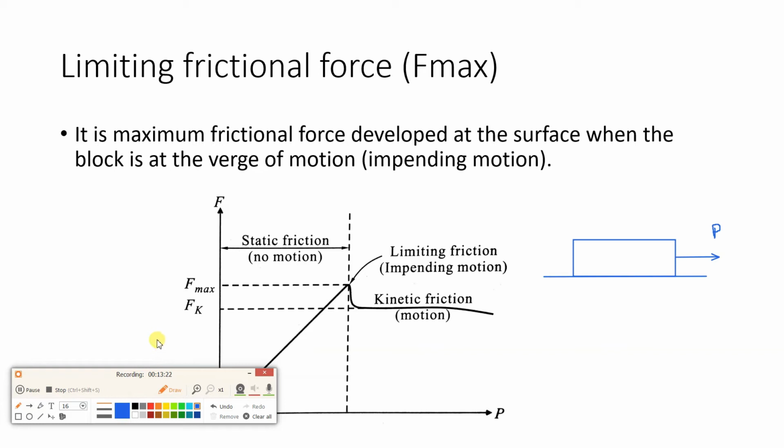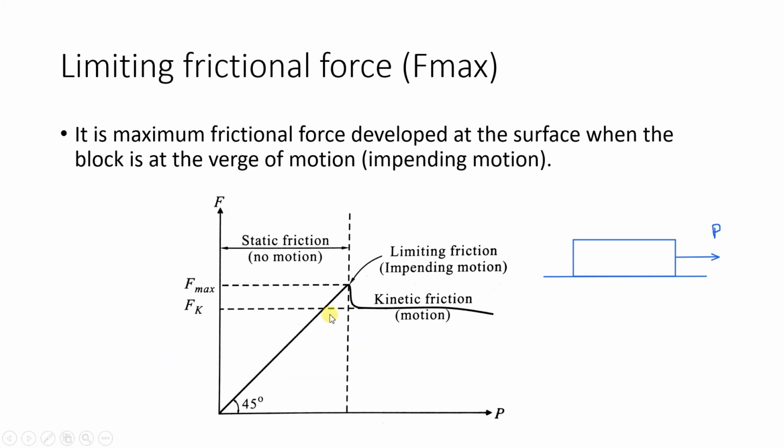Now what will happen? Initially, suppose this effort is not there. We are not applying this effort P. This graph shows frictional force versus effort applied. So initially, when the effort is not there, the friction force will also be 0, the effort will also be 0. So we will start from 0.